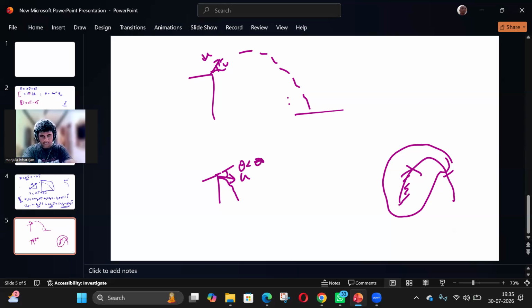And u cos of minus theta is the same as u cos theta, but sine of minus theta is minus sin theta. So here uy is positive, here uy is negative, u in the sense of initial velocity. Here it's looking upwards, so this thing is truncated, but more than half is truncated. Only this part is remaining.